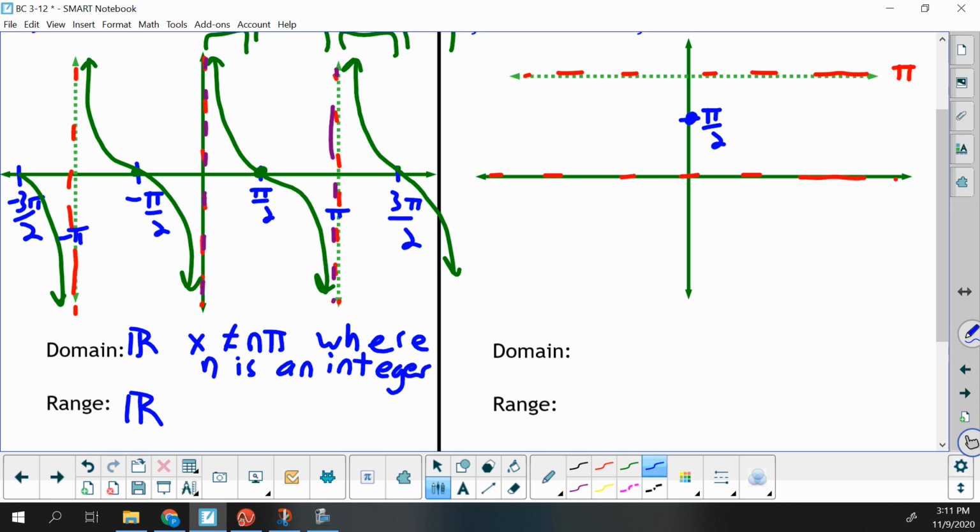And in the original, when x's were tiny, y's were large positive. So now when you switch it, when x's are large positive, y's will be tiny positives. So we're going to be down here to start.